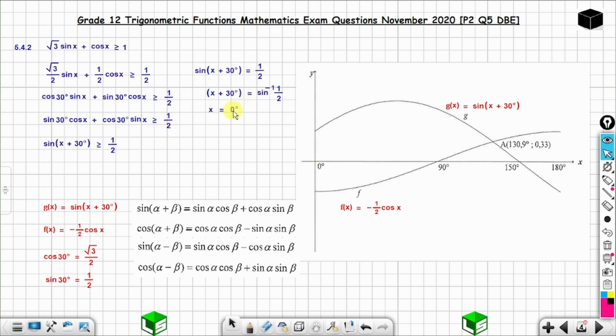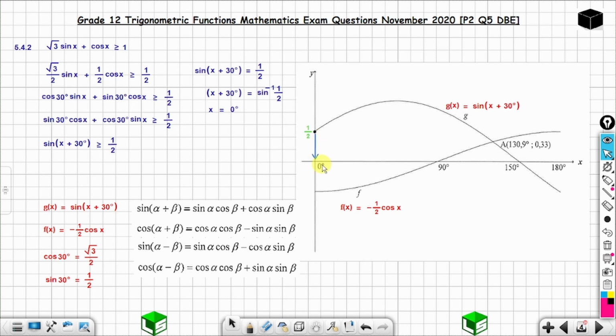Try to plug 0 in there. You are going to get 1 over 2. So this is 0 degrees and y is there, 1 over 2. So when y is equal to 1 over 2, x is equal to 0 degrees.